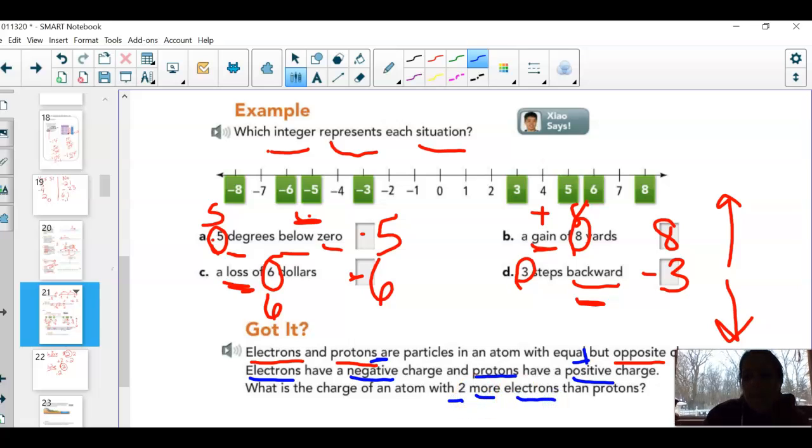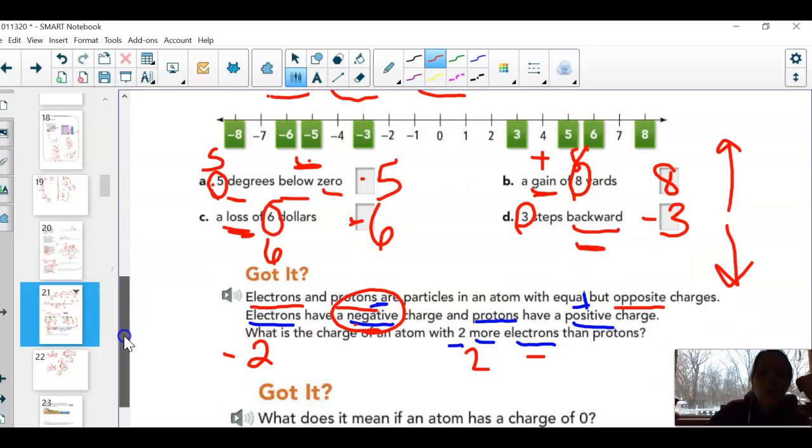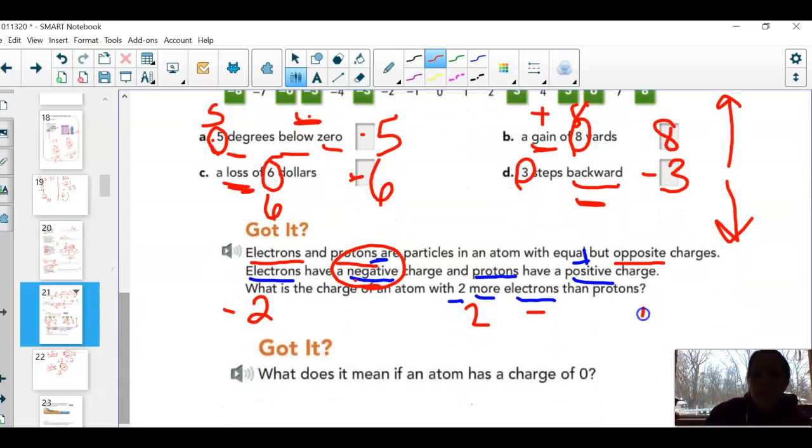Okay, so hay dos más, and they're electrons. So electrons are negative, and I've got 2 more. So I would have -2. What if I had 4 more protons?